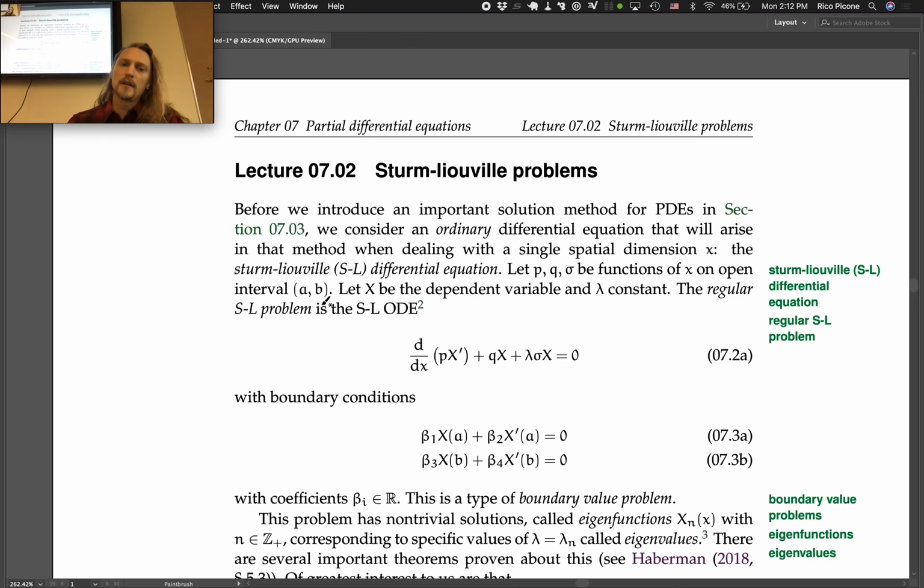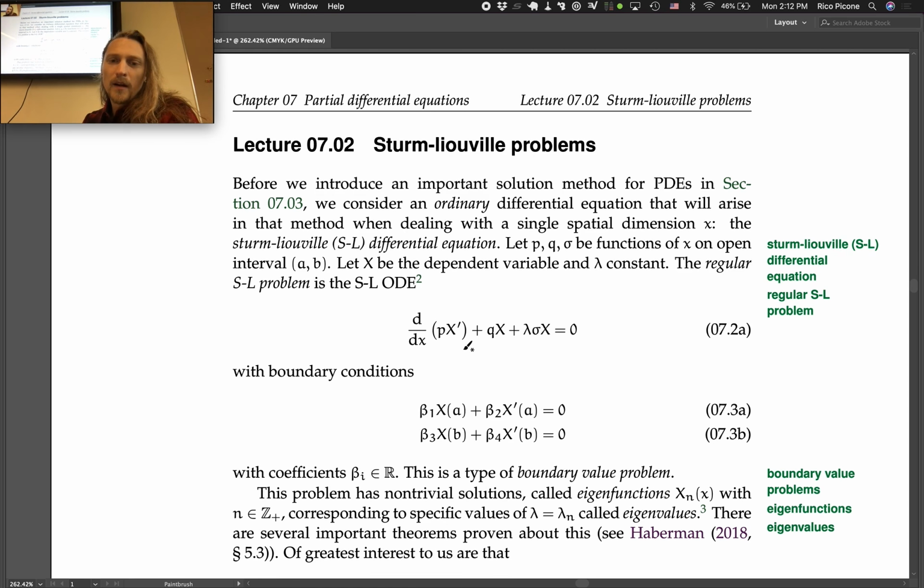The regular Sturm-Liouville problem, everybody mispronounces it as far as I can tell, Liouville, is the SLODE given here, where we should take note that capital X is a function of little x, and we take the derivative with respect to x.